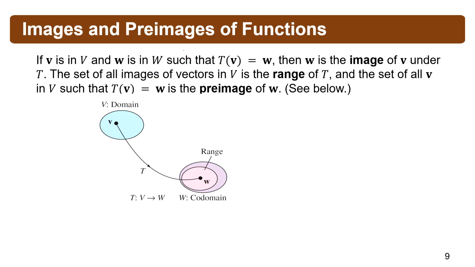Just like in the previous example, we have the x and y values. So in here, v is the one that we input. In the function y equal to f of x, the set of all values that we input here, we call the domain.